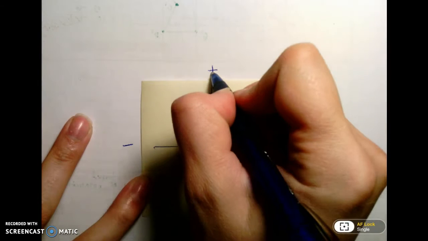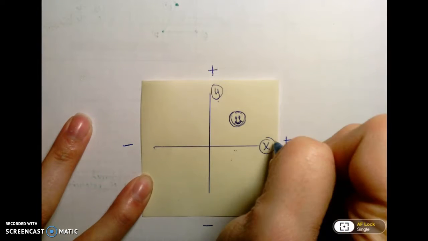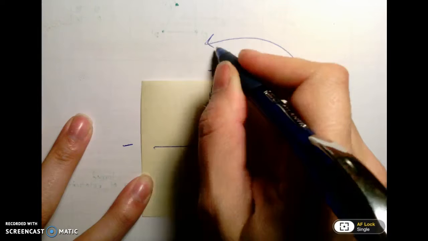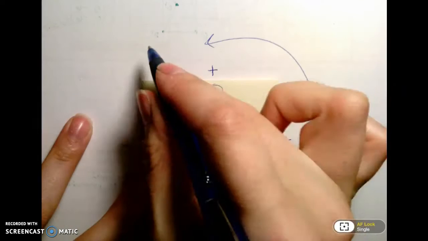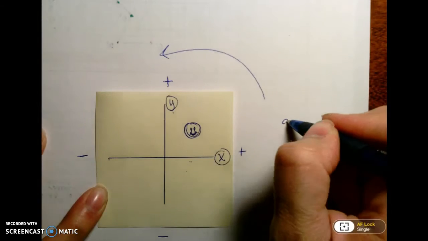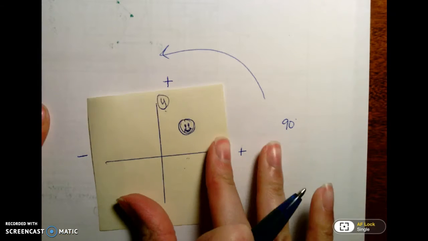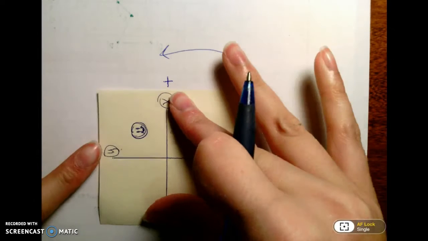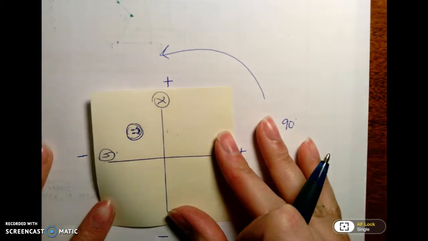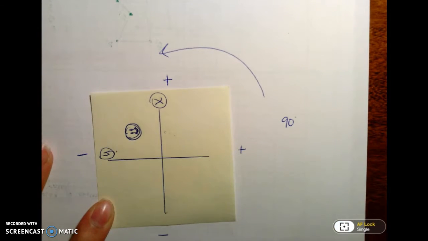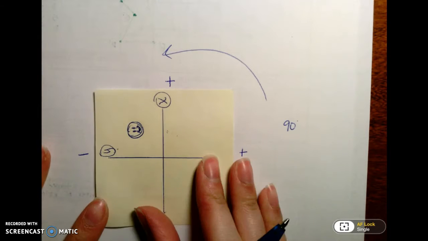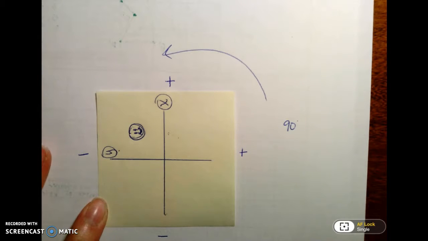So what we're going to do is, if we rotate, and if it doesn't say, we always rotate counterclockwise. So let's say we're going to rotate 90 degrees. If we rotate 90 degrees, then we have our X and Y axis flipping here.